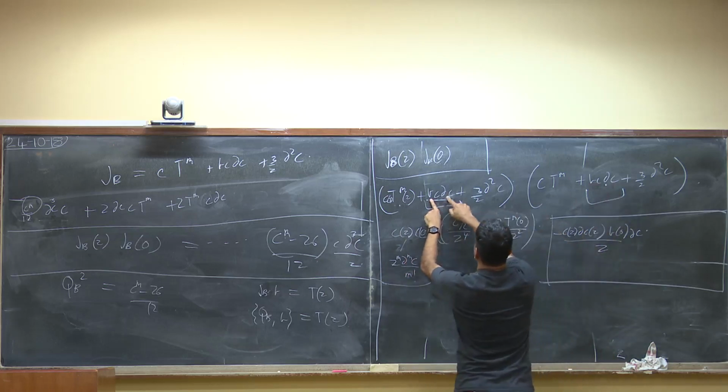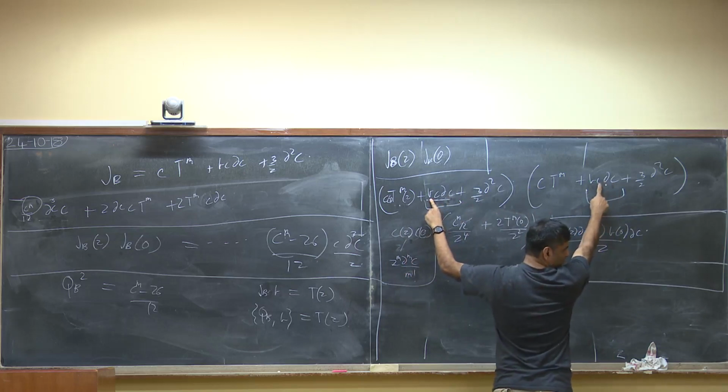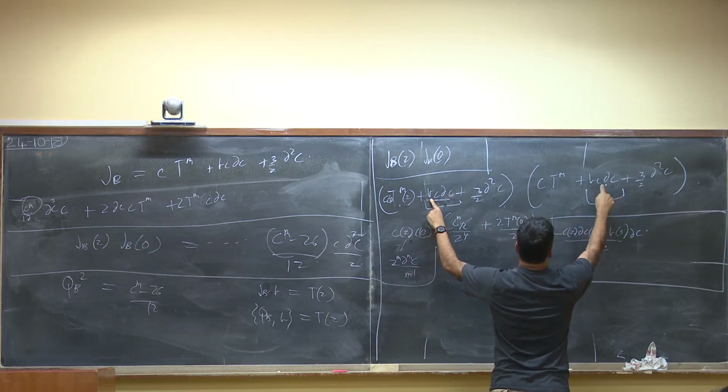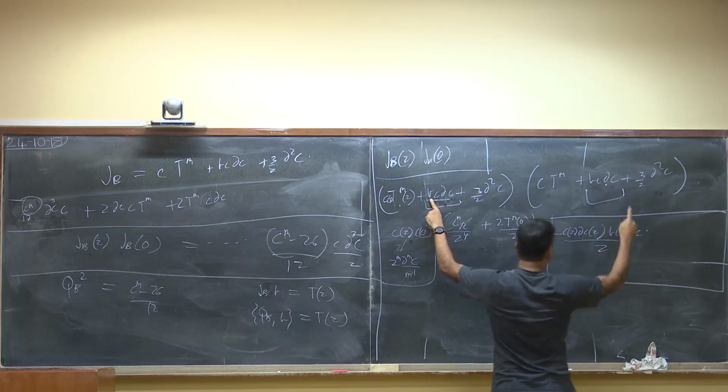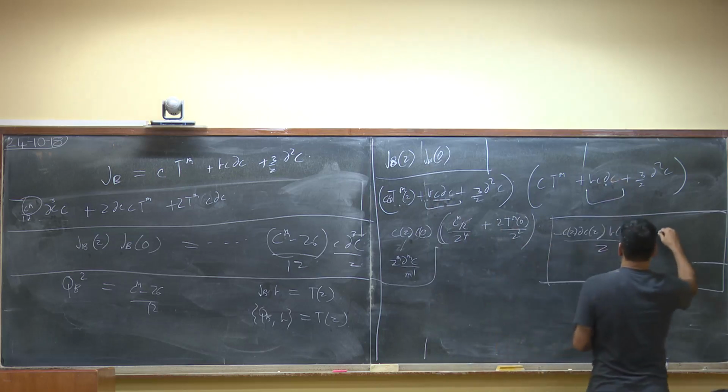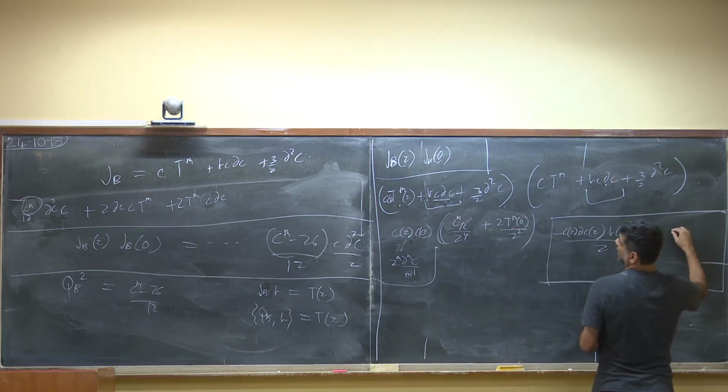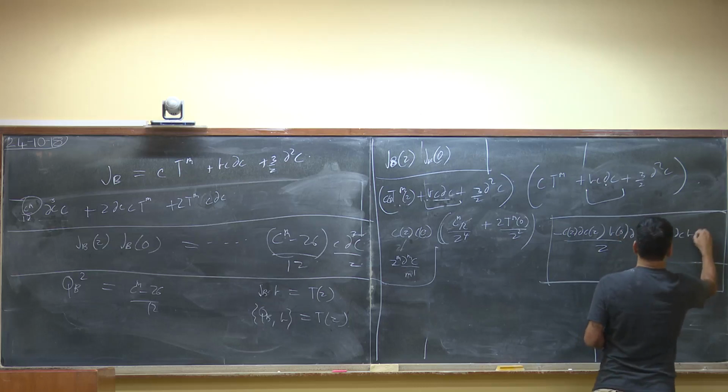A second term is when this guy contracts with this. So then it goes to 1, 2, 3, 4, so you get a plus. You get a plus 1 by Z, and then it remains plus because of the derivative of this guy. So plus C del C BC by Z squared.